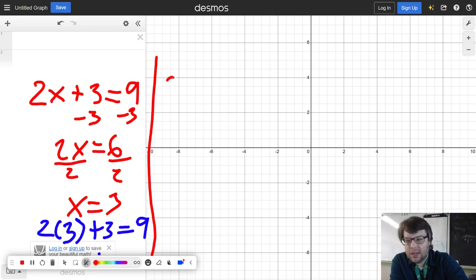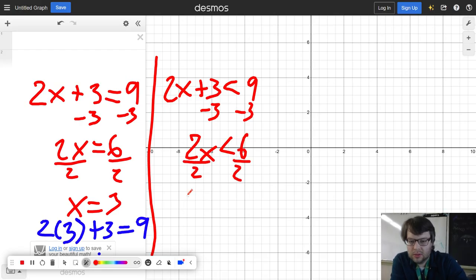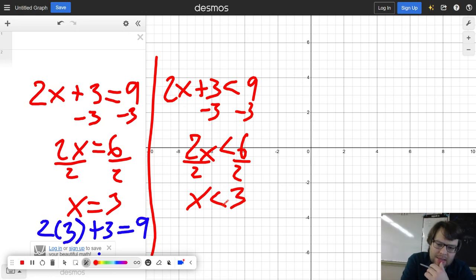Let's look at it instead as 2x plus 3 is less than 9. So we just do the same thing. Cancel the 3, cancel the 2, get x is less than 3.